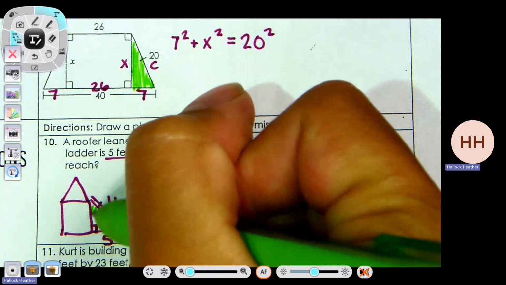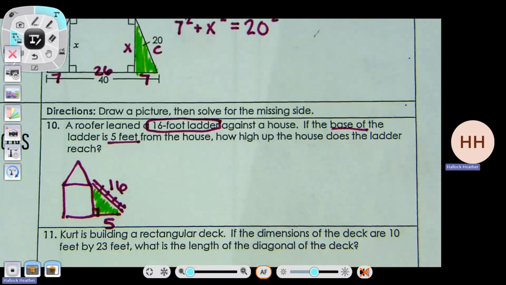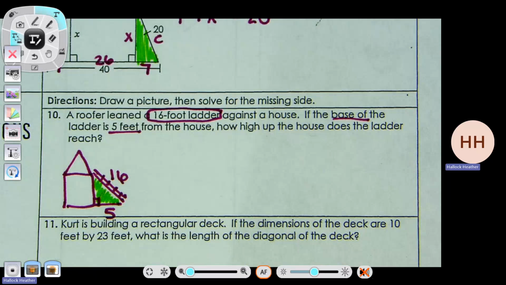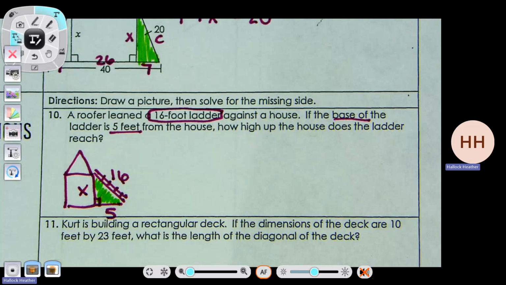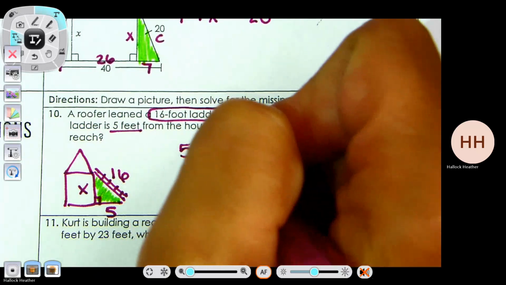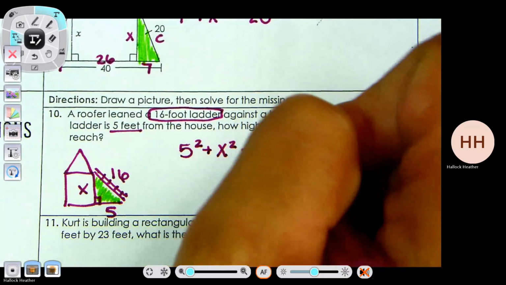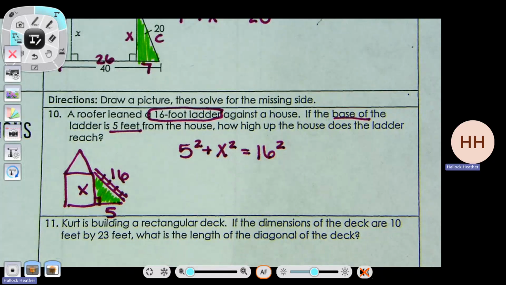It's being formed by the house. You need to find out how high up on the house your ladder reaches, which means how tall is it over here? So C is your ladder because it's across from your 90 degrees. Remember, 5 and X can flip flop.